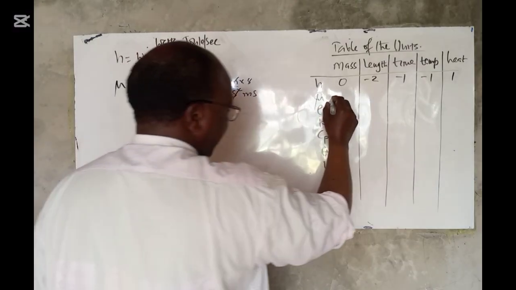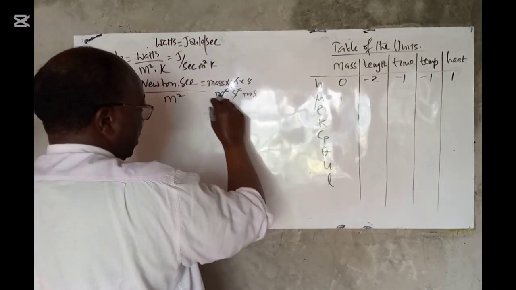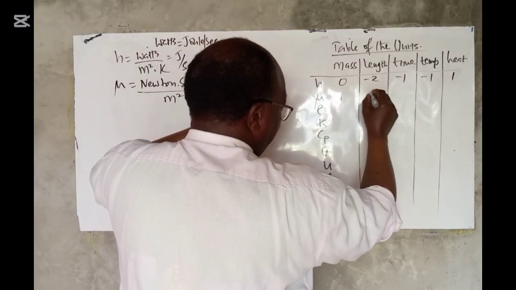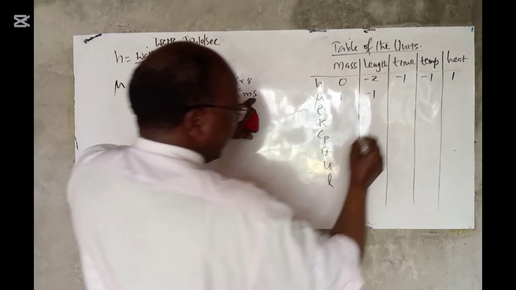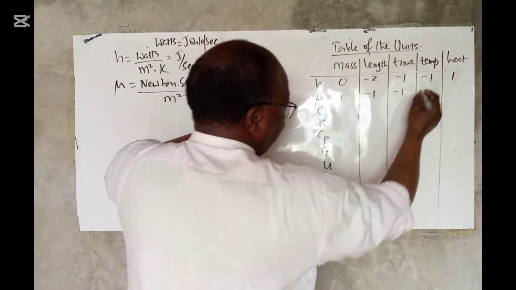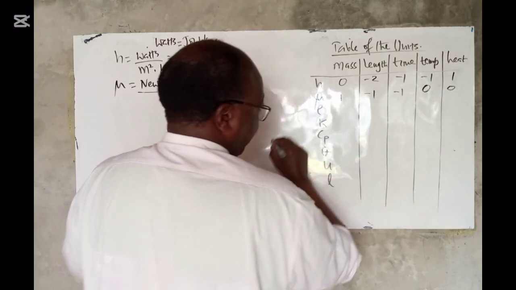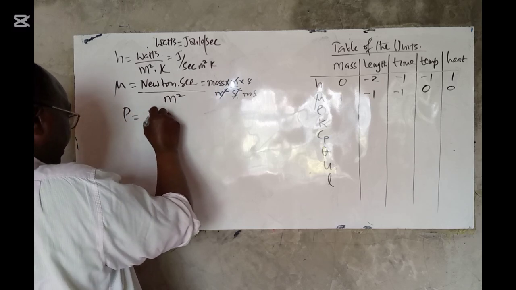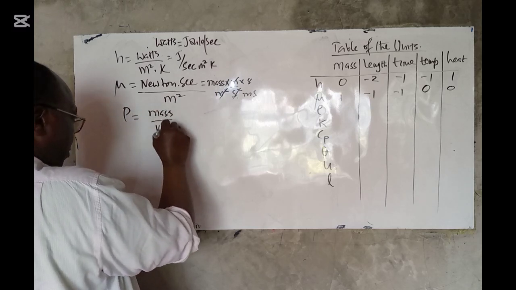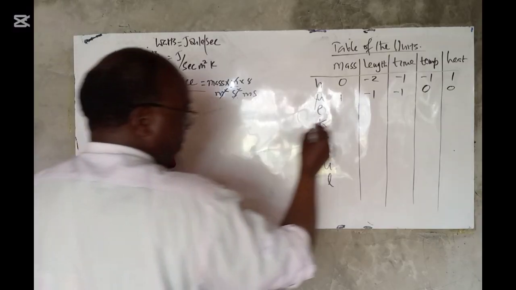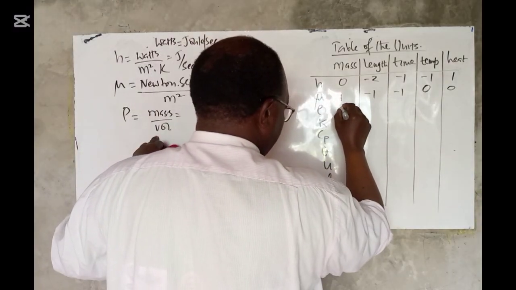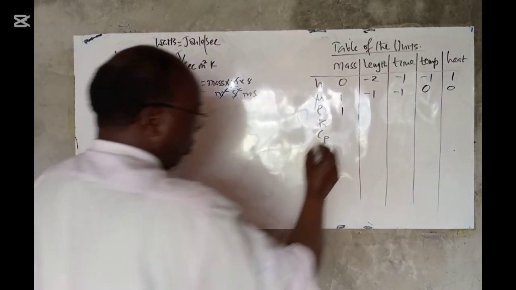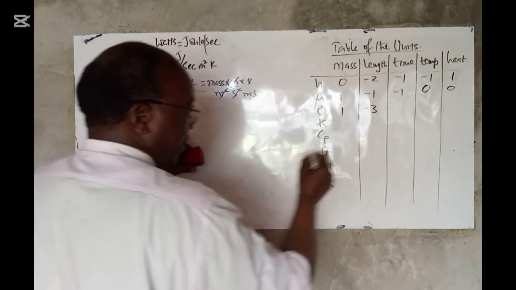So mass is 1, length is minus 1, time is minus 1. We don't have temperature or heat. Density is mass over volume, so mass is 1 and we divide by volume, which is length cubed, so minus 3. The rest are not there.